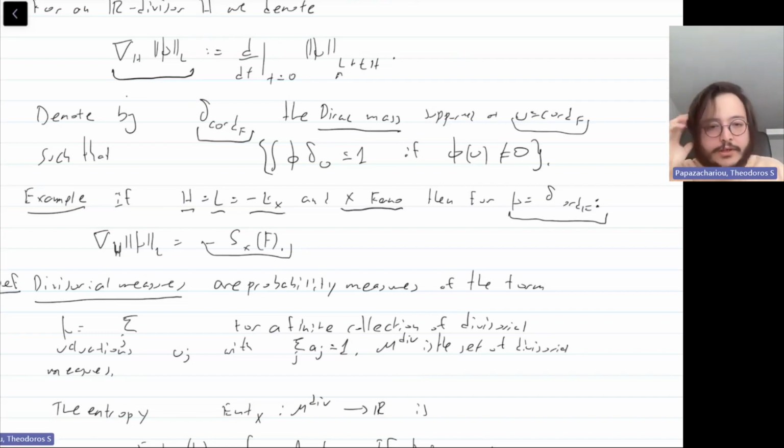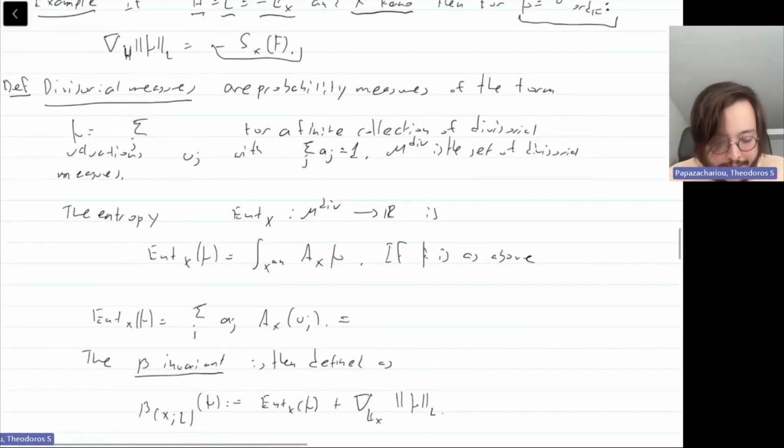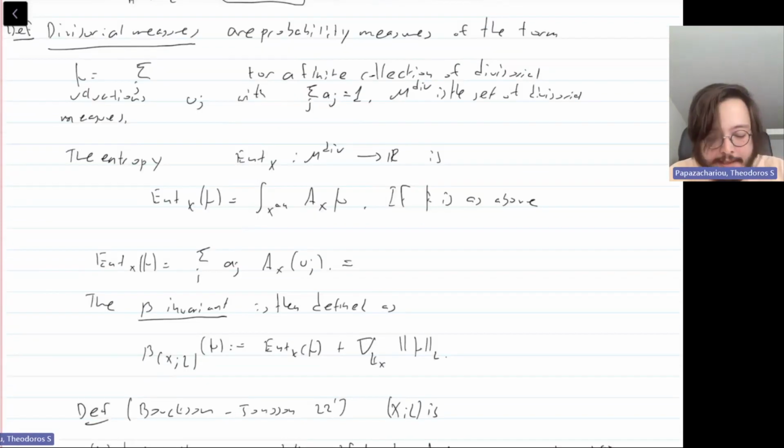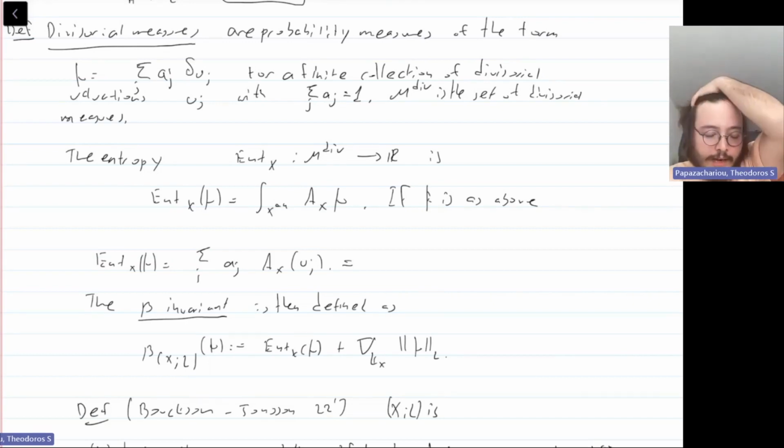In a little bit, I'll give you more of a heuristic reason why you want these divisorial measures, as I name them here. So the definition, before I go into the reason why you want all these things, is that you have these divisorial measures. These are probability measures of the following form: you take some coefficients a_j, and you keep adding Dirac masses of divisorial evaluations v_j.